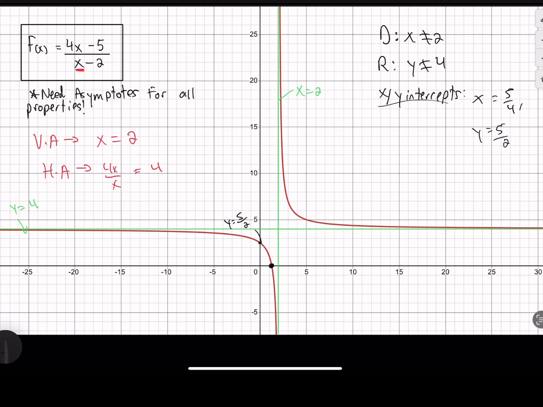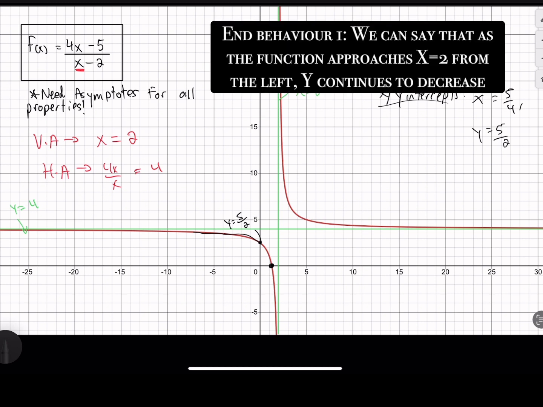And when we said end behaviors and how they follow the lines, if we start at the y-intercept here, I can see that my graph follows the horizontal line from here, the horizontal asymptote at y equals 4. And it also follows the vertical asymptote at x equals 2 going this way. Same with any point here.